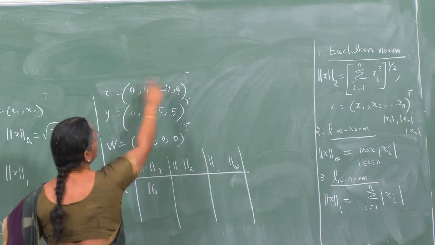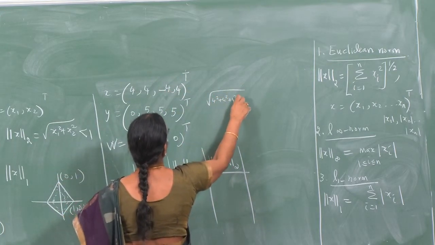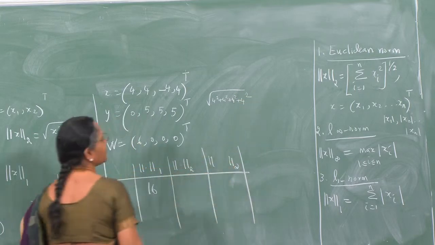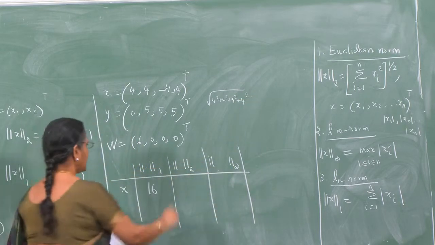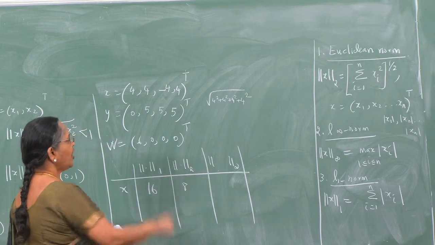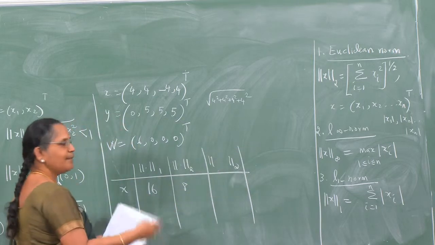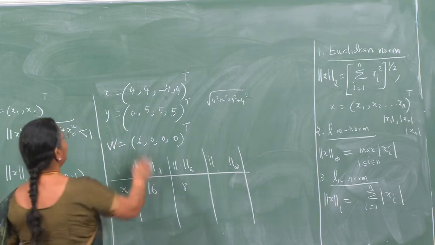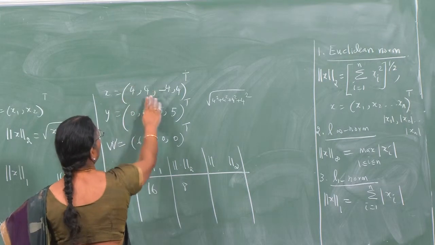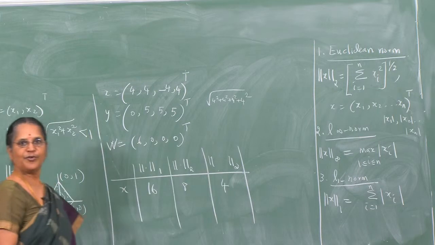It is going to be square root of 4 square plus 4 square plus 4 square plus 4 square, and therefore, that is going to give me the value as 8. What about norm infinity? Norm x infinity, it is the maximum of modulus of xi. So, it is the maximum of mod 4, mod 4, mod minus 4, mod 4. So, that is going to be 4.